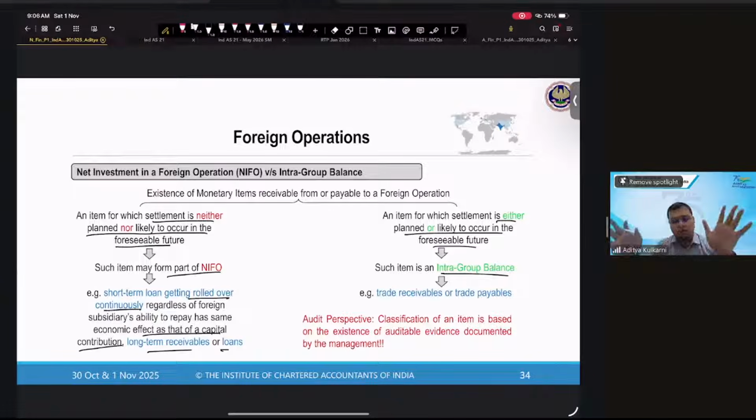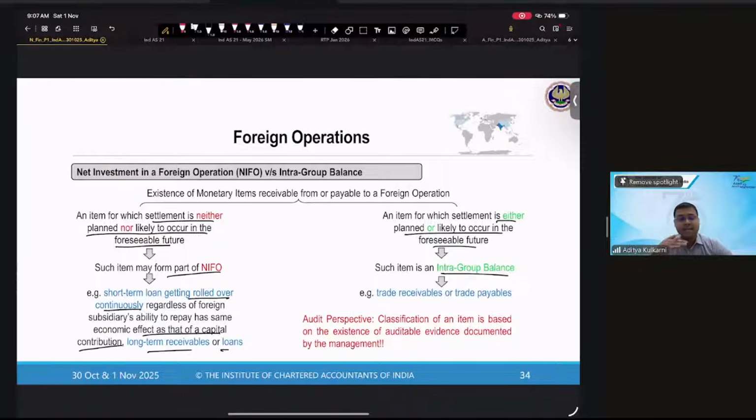So in all, as far as foreign operations are concerned, in the books of the Indian entity, two things are possible. Either NIFO is possible or intra-group balance is possible. There is nothing third. Either you get the money, in which case it will become an intra-group balance, or you do not expect to get the money, in which case it will become NIFO.